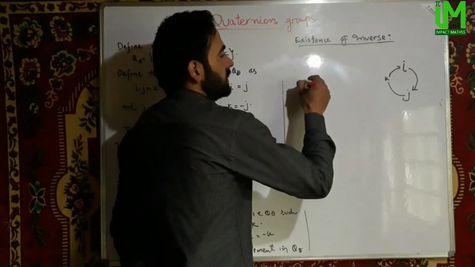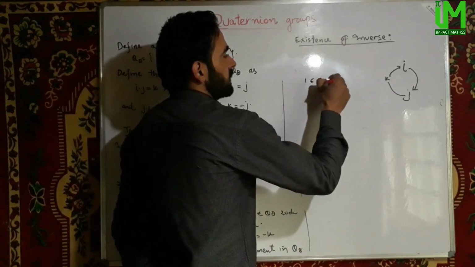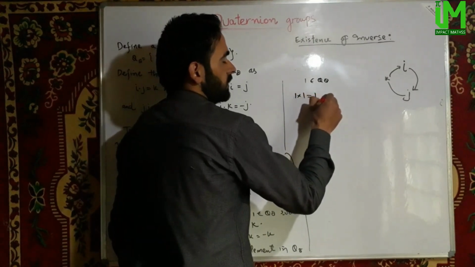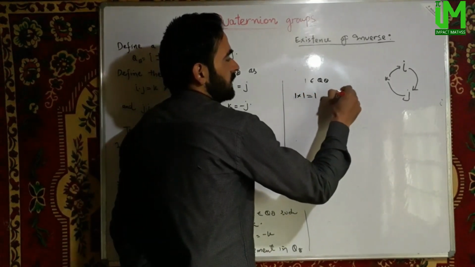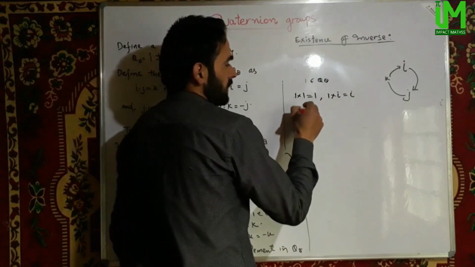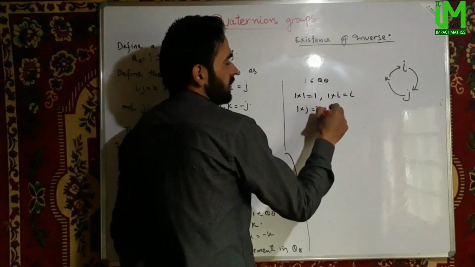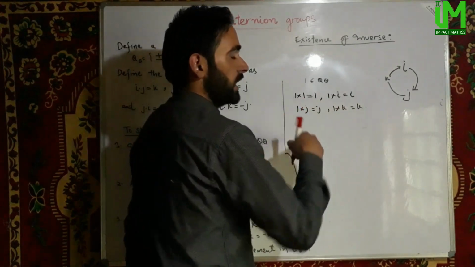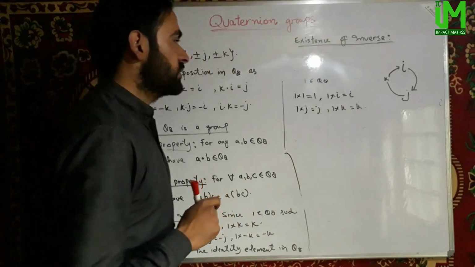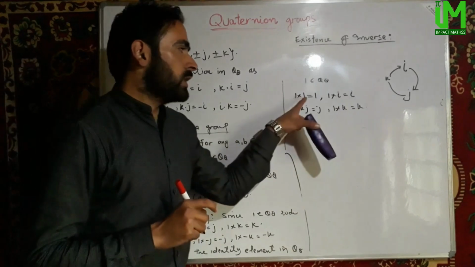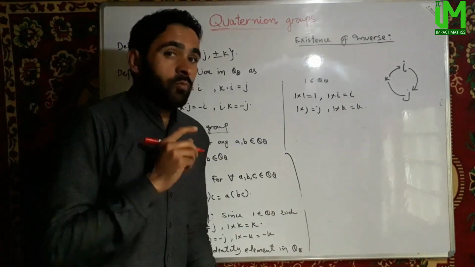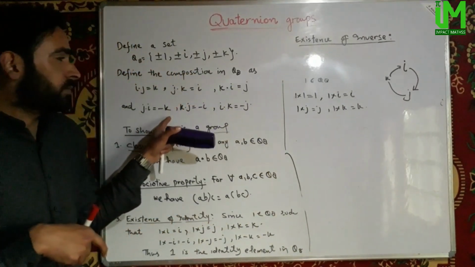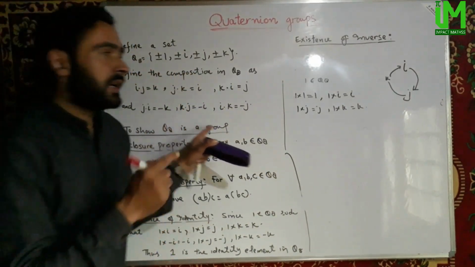So we can write clearly 1 belongs to Q8 such that 1 into 1 gives 1, 1 into i gives i, 1 into j gives j, and 1 into k gives k. Similarly for minus 1, minus i, minus j and minus k, which means 1 is the identity element, because when 1 is multiplied with any element under this binary operation, that element is left unchanged.